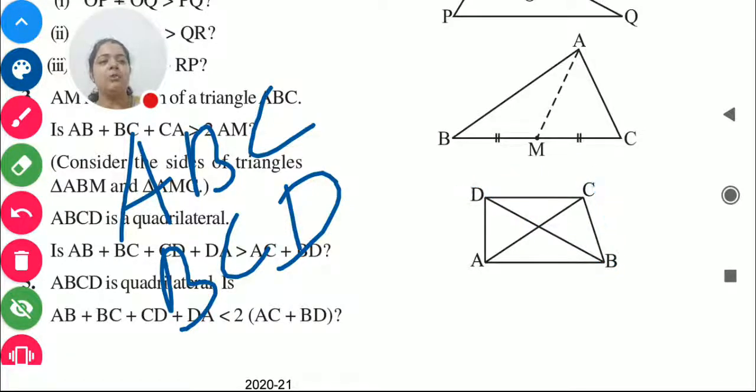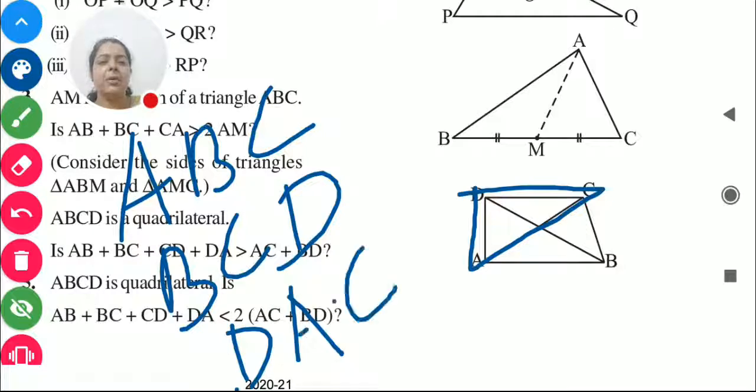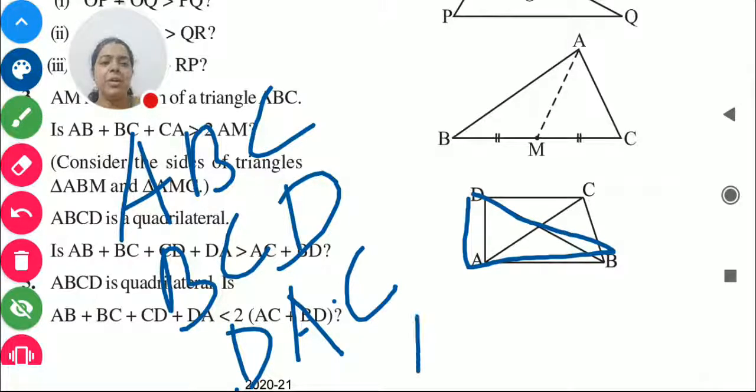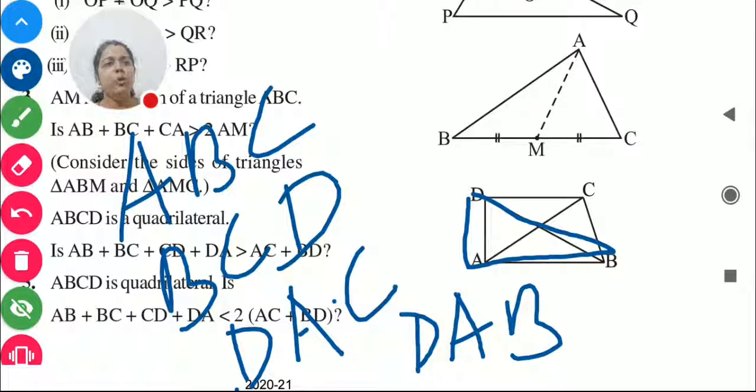The third one you need to go for is DAC. So I have taken DAC. The fourth one I need to go for is DAB. So I found DAB. You have to go for all the 4 triangles, but you have to go for the properties of the sides as well.